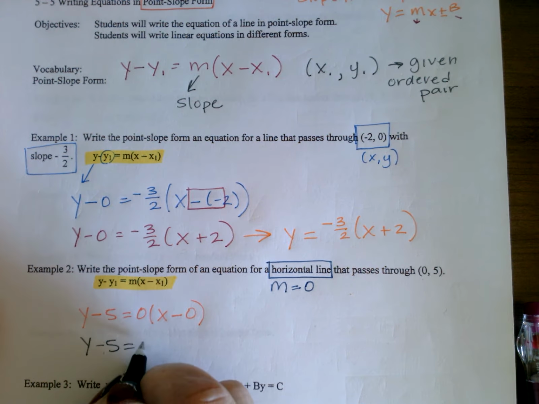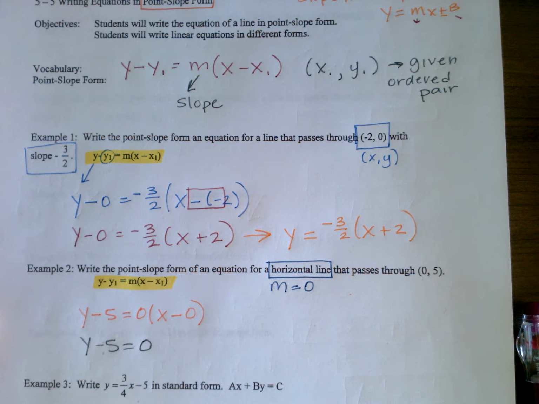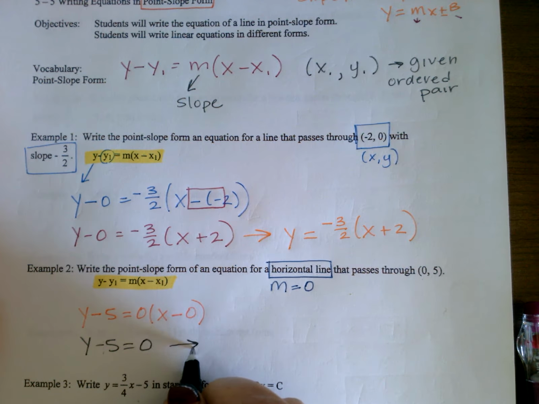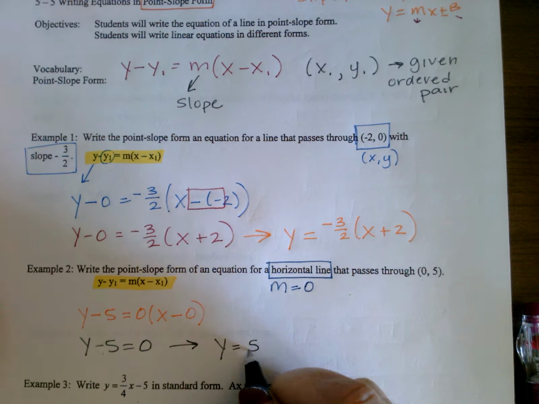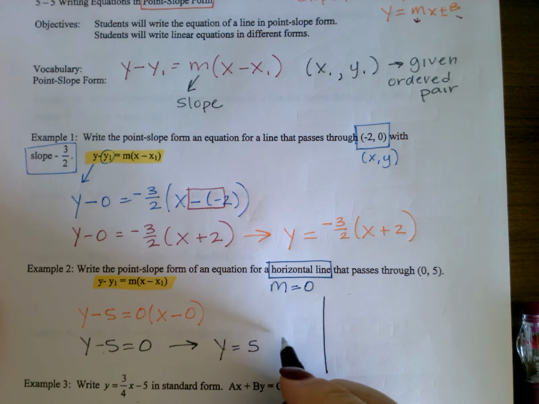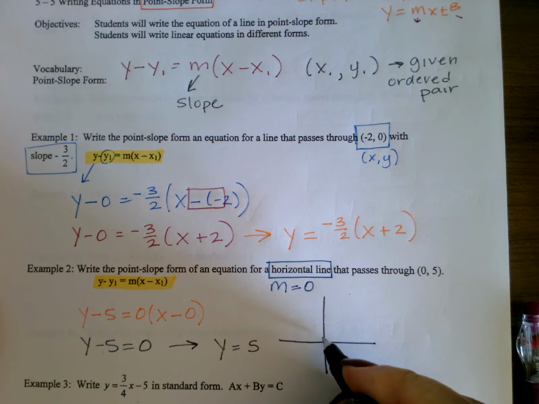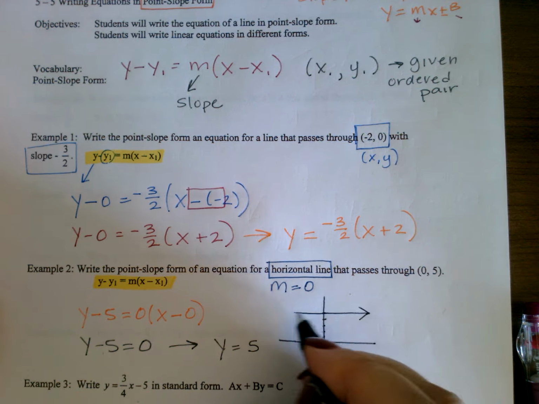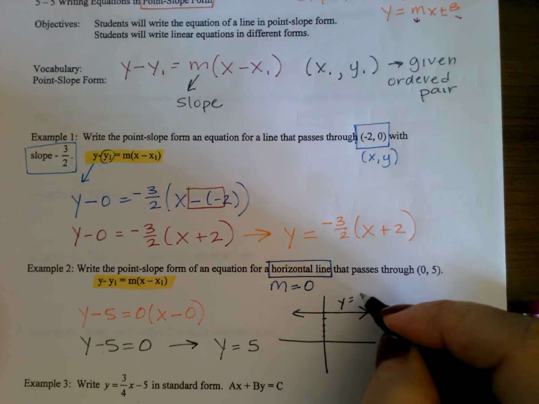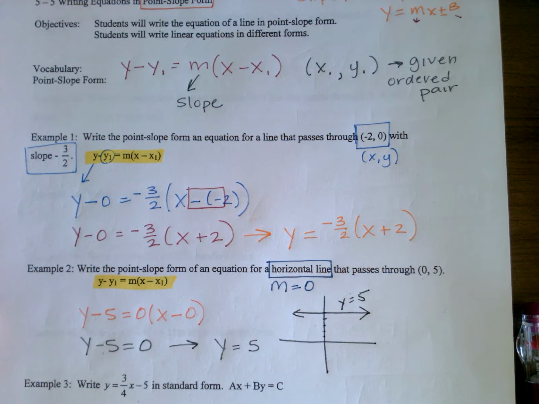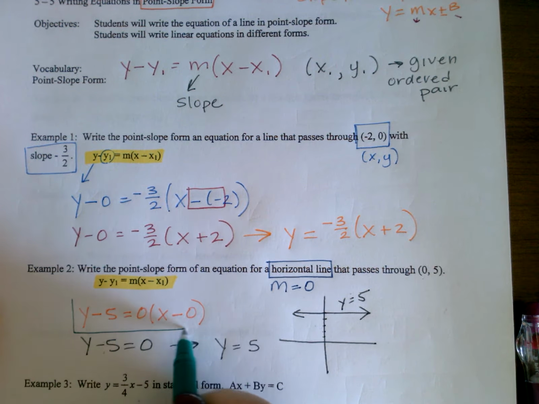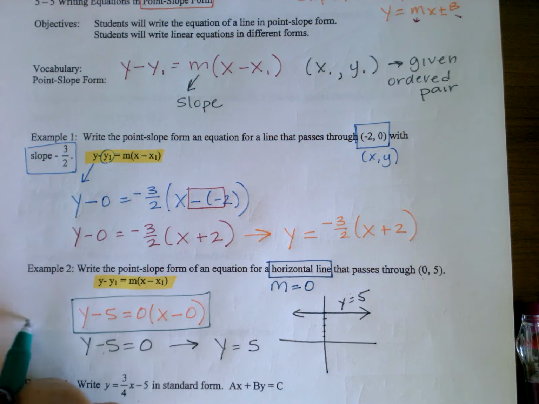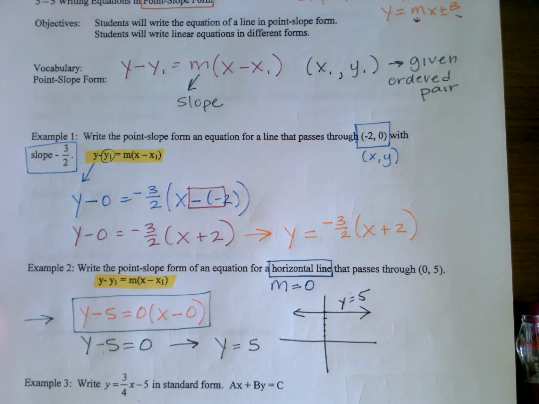So I would have y minus 5 equals 0. I could go further. Y equals 5. Well, that makes sense. If I was going to graph this, my line where y equals 5 is a horizontal line there. But the question did ask for point-slope form, so I would ideally love this answer.